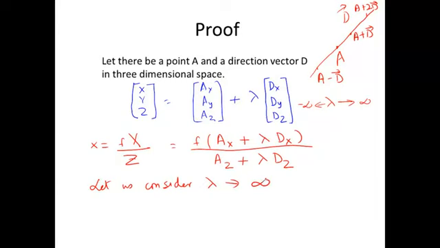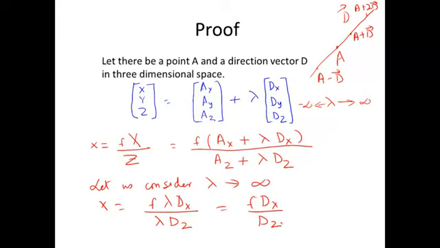What happens to this expression? In the expression for x, essentially the dominant term will now become lambda d sub x divided by lambda d sub z, which will give you f d sub x upon d sub z.